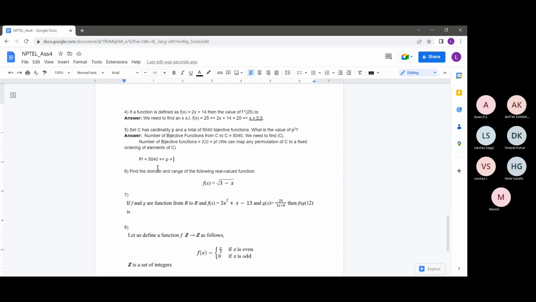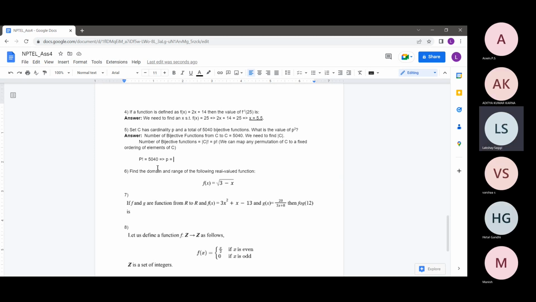So this would be 7 factorial, right? 720 times 7, yes, this is 7 factorial. So this implies that P is 7, so P squared is equal to 49. So this is the answer.